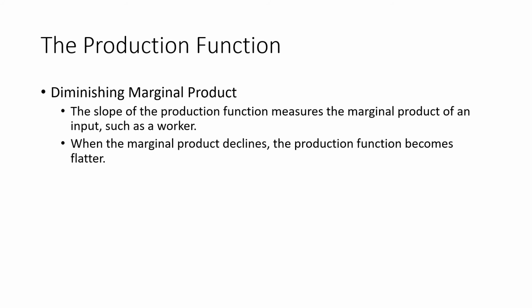Then when the marginal product declines, the production function becomes flatter. At the very top, it becomes very flat, whereas in the beginning, it is not flat, it is always increasing. So marginal productivity becomes flatter as more and more input is added.